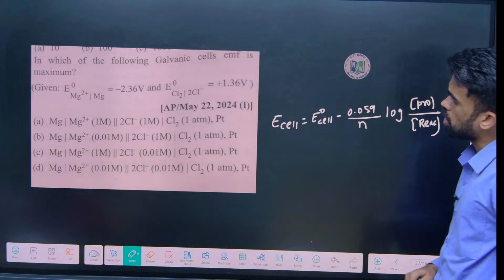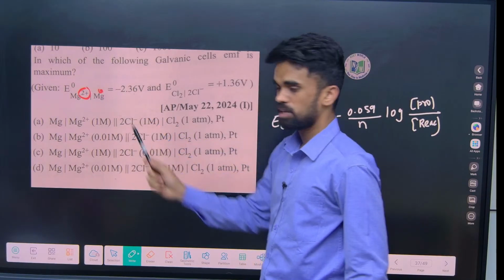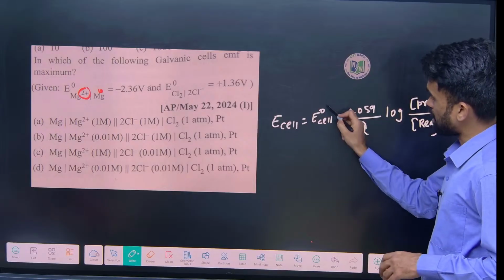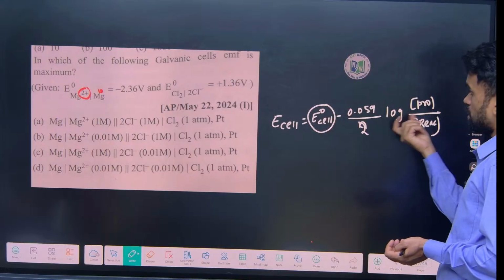Now look how many electrons are involved here. Plus 2 converting into 0, it means 2 electrons. This n value is also fixed. Now you are going to calculate the standard electrode potential, that minus this thing.